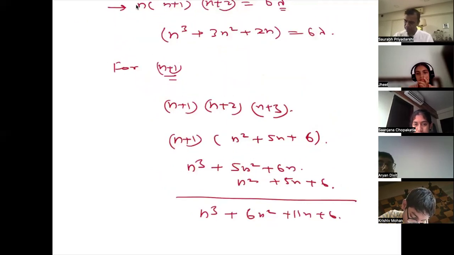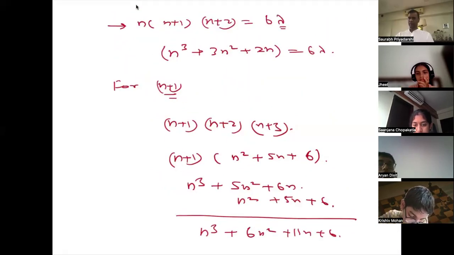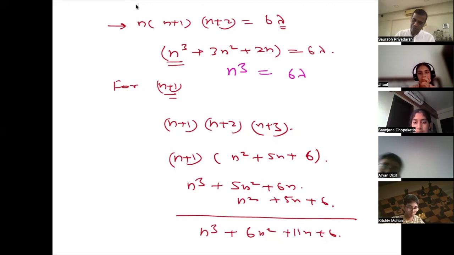Check this out. For n cube, the value of n cube is 6 lambda minus 3n square minus 2n.